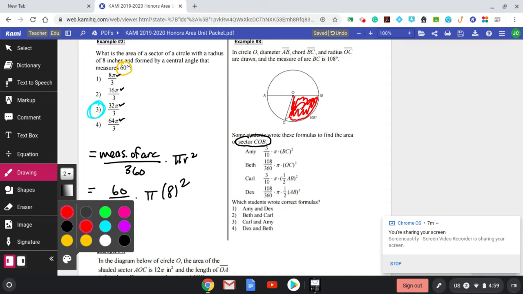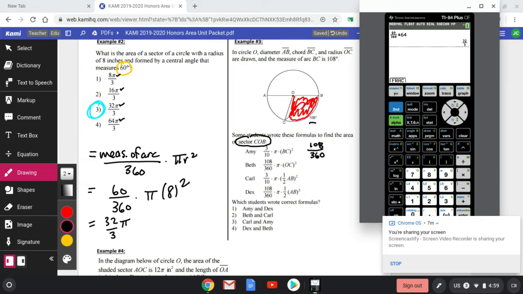So Amy, and it looks like they're using the degree formula because you're given 108 degrees. So Amy's saying, all right, it's 3/10 times BC squared. Well, first of all, where'd the 3/10 come from? What she did was she used her formula 108 over 360, and if you reduce that, you'll see it reduces down to 3/10.